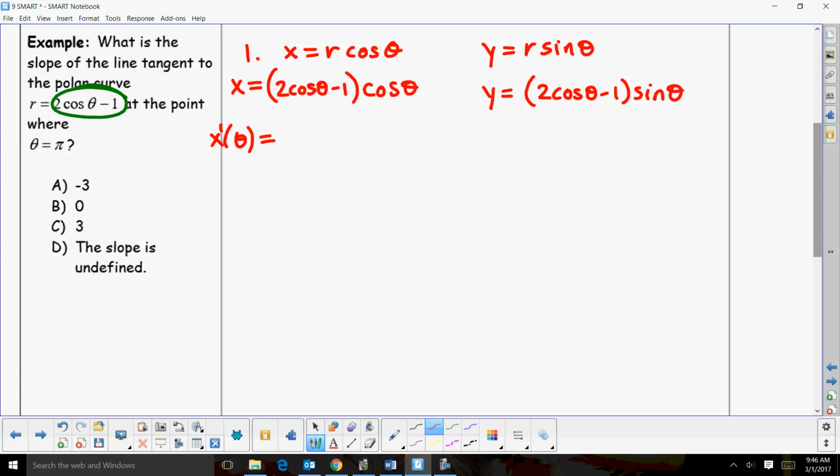So I'm going to do product rule. First times the derivative of the second plus the second times the derivative of the first. Yes, you could FOIL first if you wanted to. Either way, the answer will be the same.